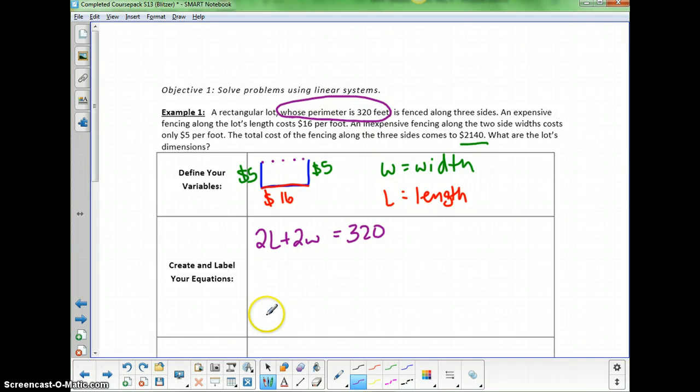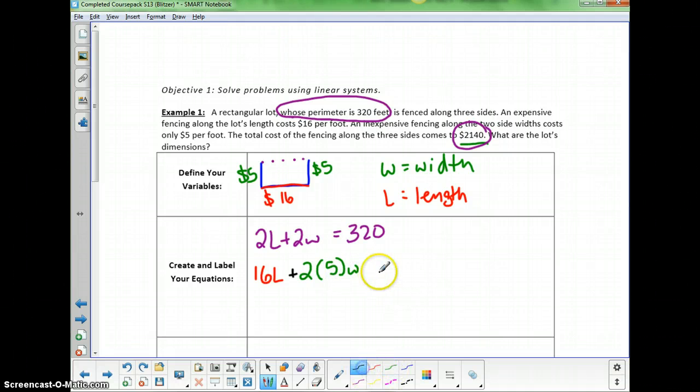That was our first equation. The next one is about the total cost value, 2,140, which comes from the 3 sides. One of the legs, the length, costs $16, so it's $16 for the length, plus 2 widths that cost $5 each, so 2 times $5 for the widths.